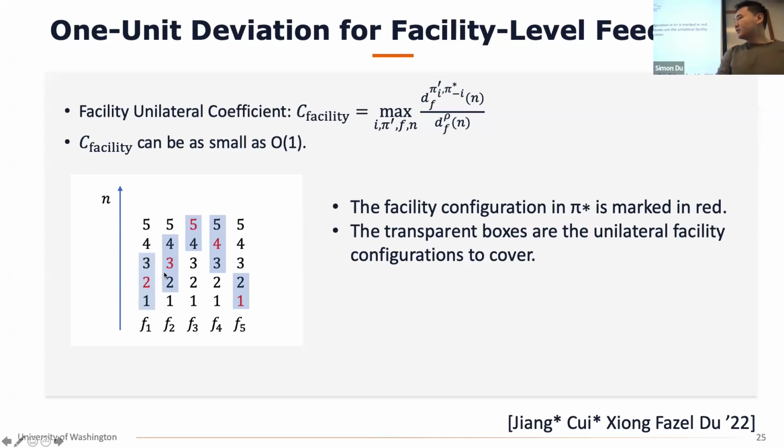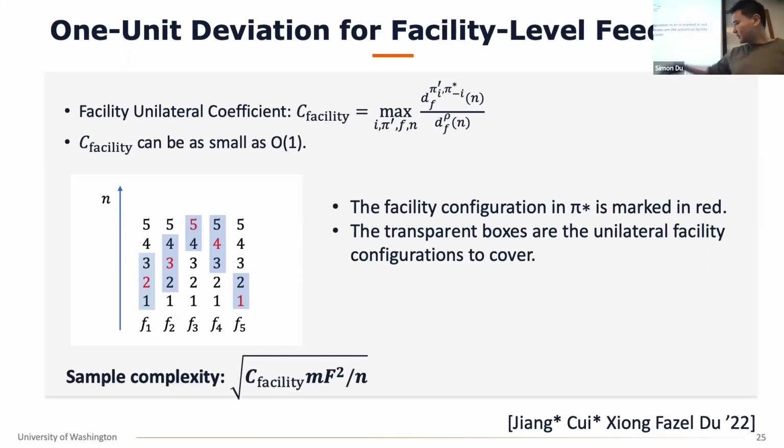For facility 2, you need to observe the reward for 2 cars here or 4 cars, etc. So in theory, we can show that you only need to cover a little bit more: that's 1 unit deviation from Nash equilibrium in your data set, and that is enough to recover the Nash equilibrium. And the sample complexity is something like this constant times the number of players and number of facilities squared, divided by the number of data you have.